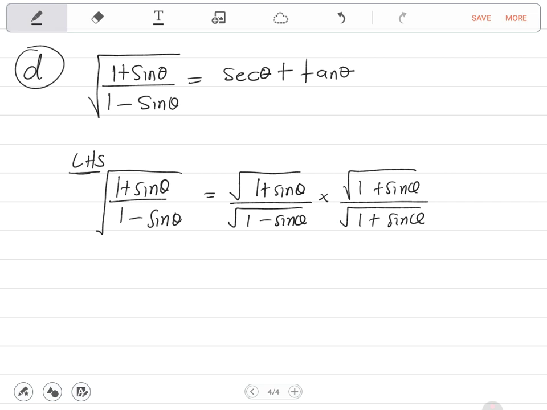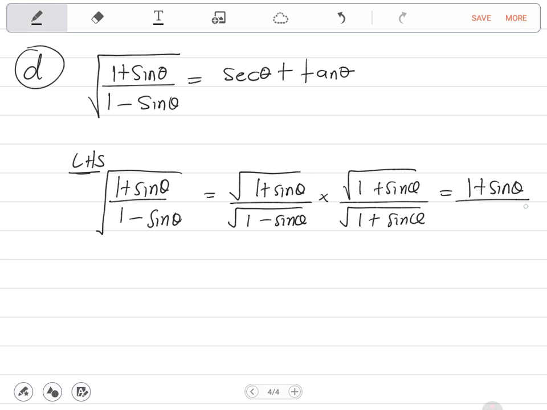Because I'm rationalizing the denominator, I need to multiply by the conjugate of the denominator, which is 1 plus sin theta. Multiplying here, these are the same, so I'll just end up having 1 plus sin theta squared. And in the denominator, as long as there's a negative and a positive, you are just using the difference of two squares.